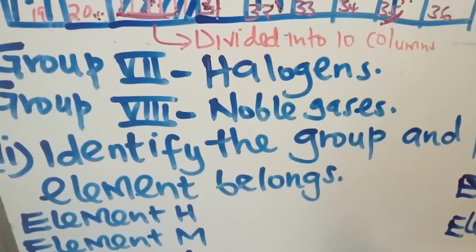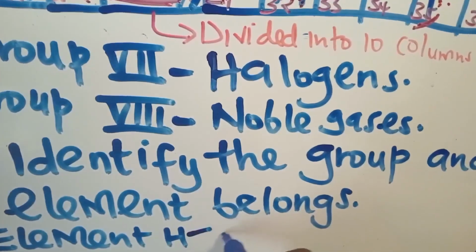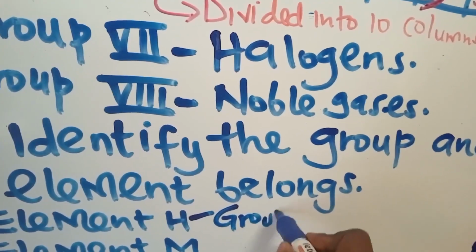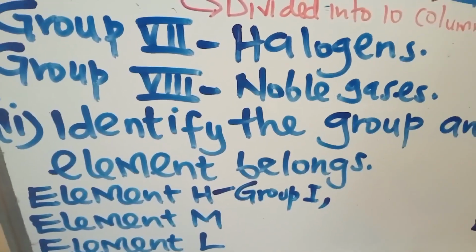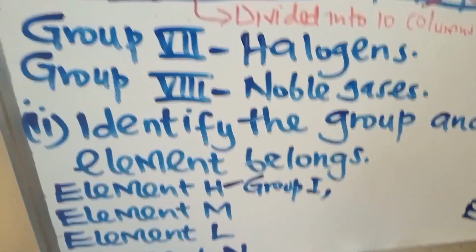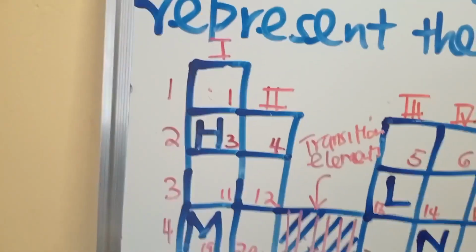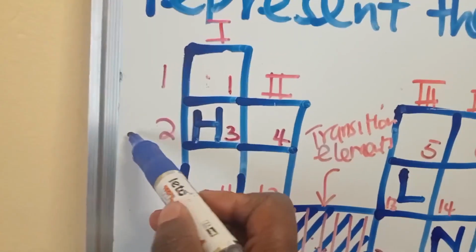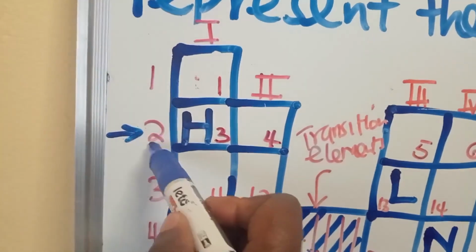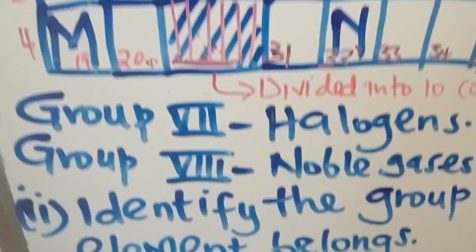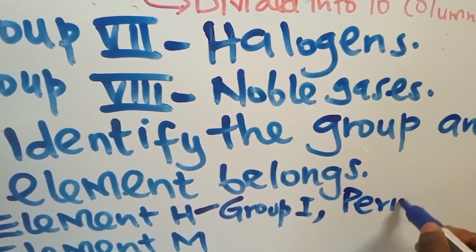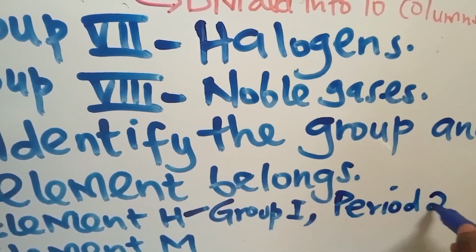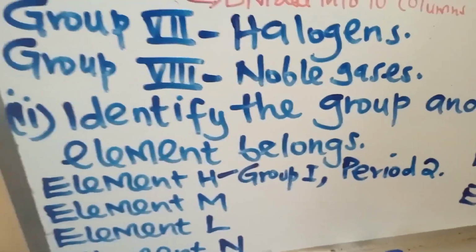So we indicate down here that element H is in group 1. Remember, the 1 is in Roman form. Still on the same element H, we go to the side of the period. It is in period 2. And there we use natural numbers.